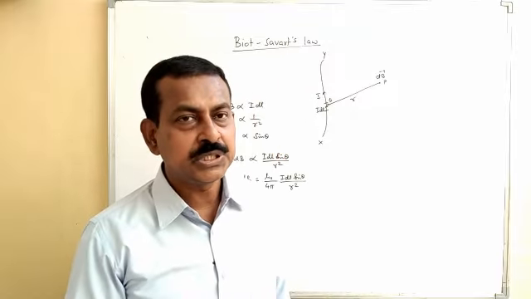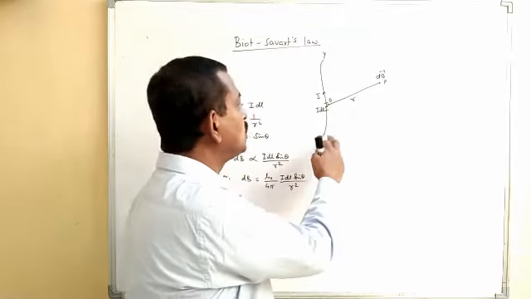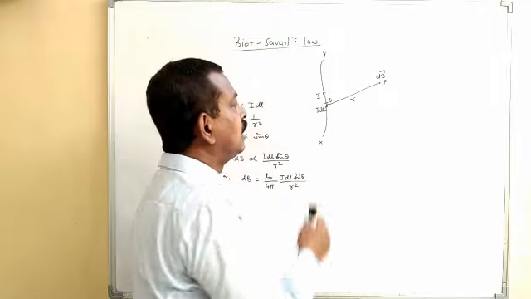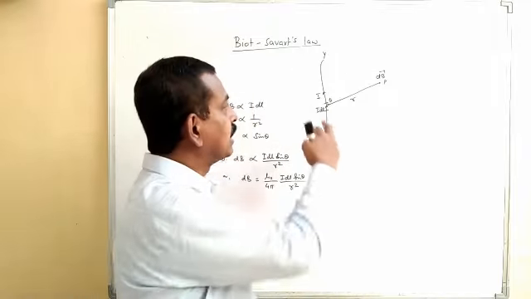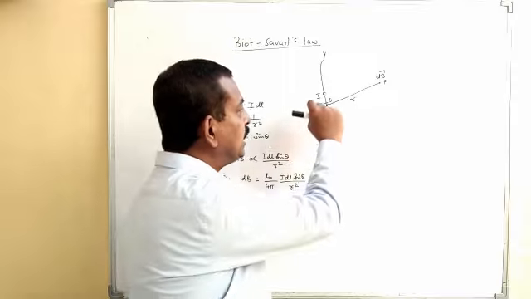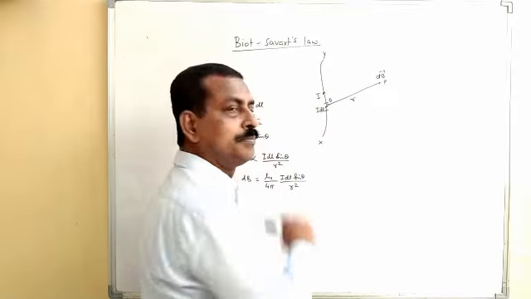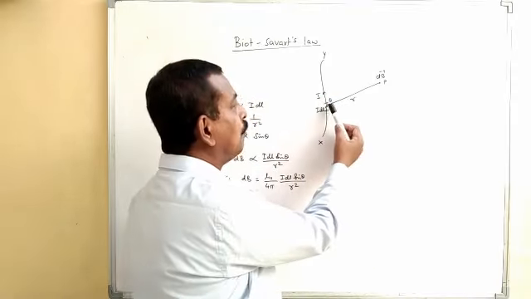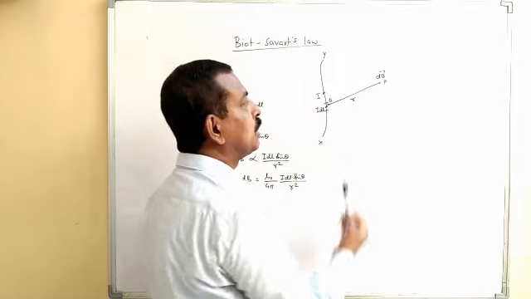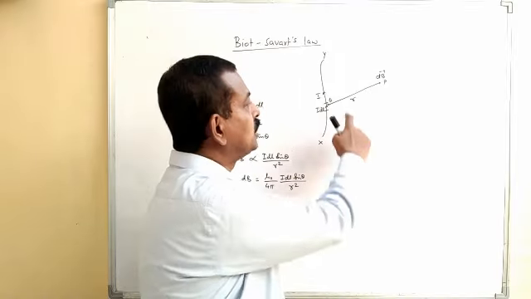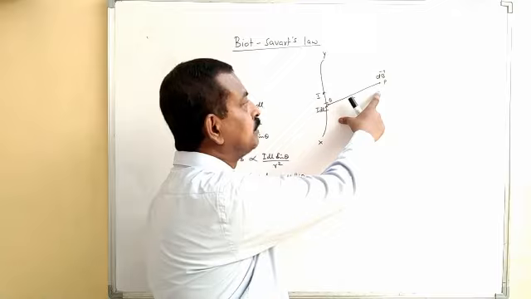Mathematically, suppose this is XY, the wire carrying current I. We take a current element I dl, and the magnetic field due to this at a particular point P, which is r distance apart from it, is dB.